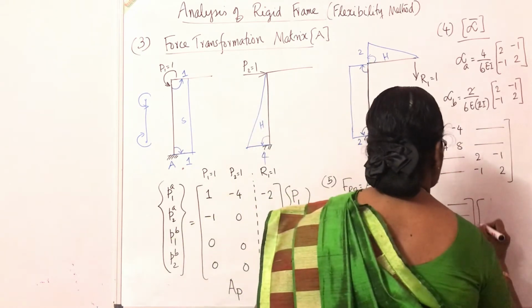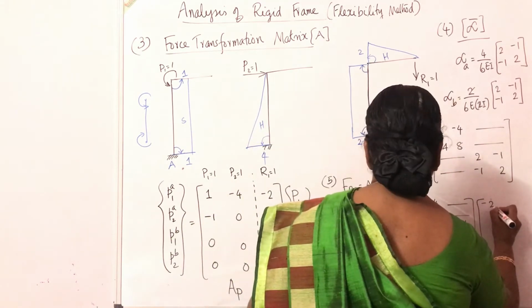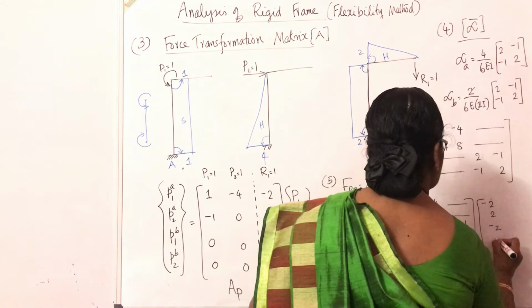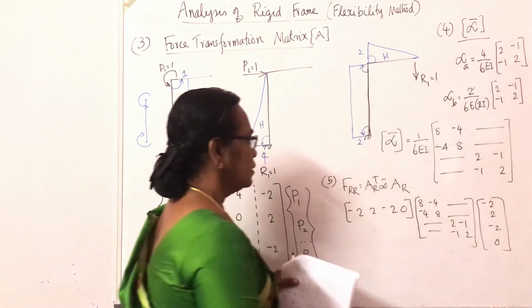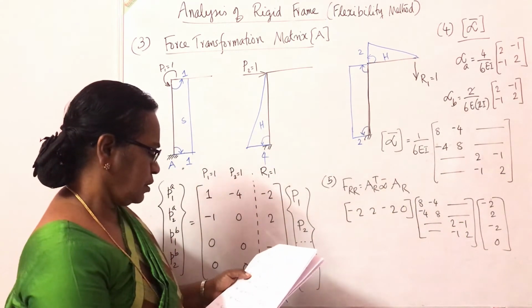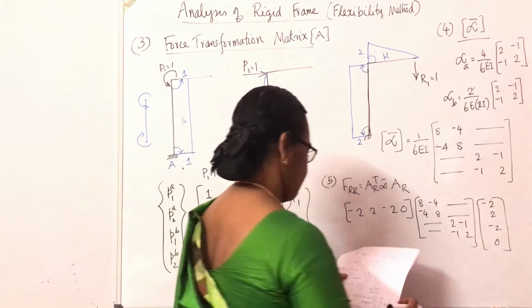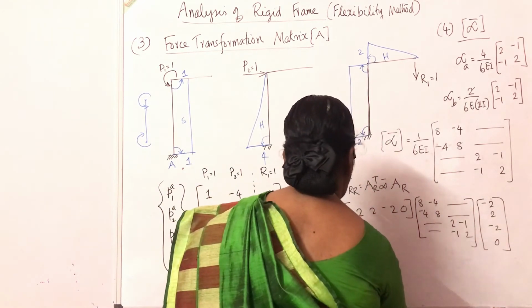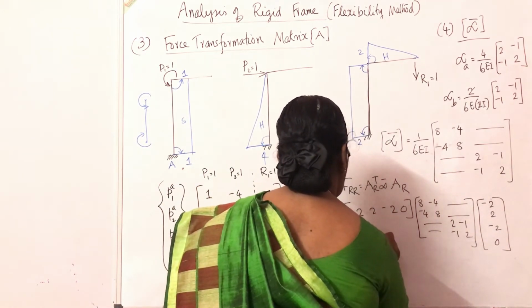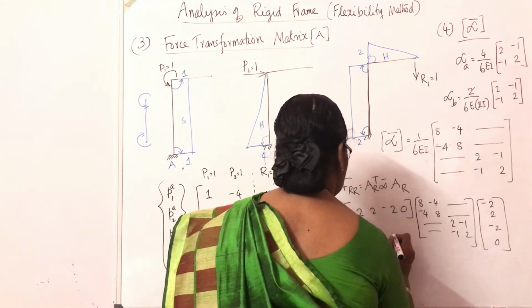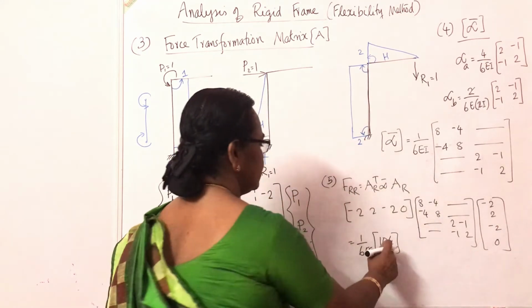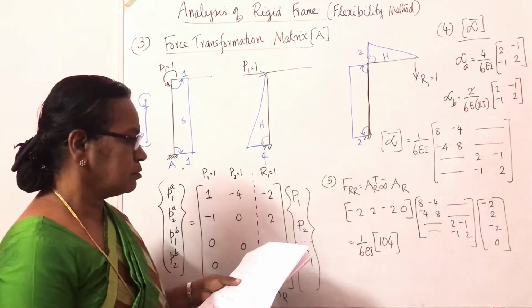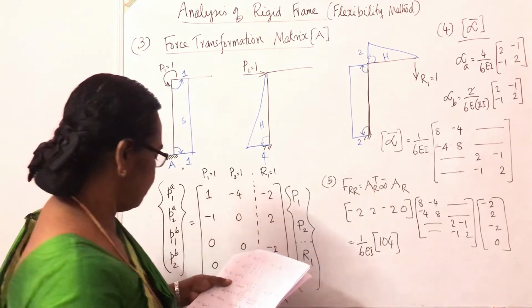Again AR, this into minus 2, 2, minus 2, 0. After this multiplication, you will get 1 by 6 EI into 104. Because there is only one redundant, it will be a matrix with single element only.